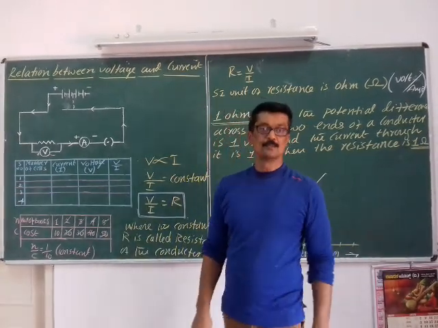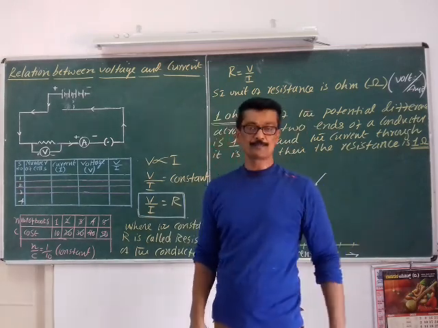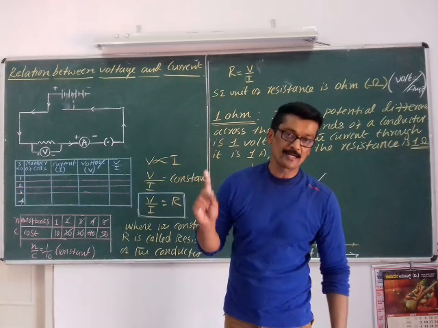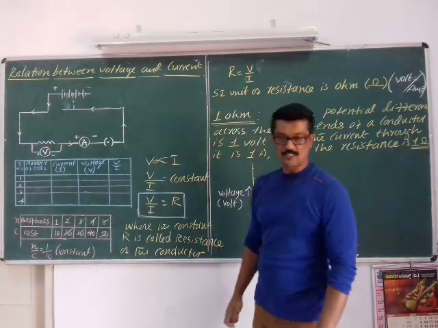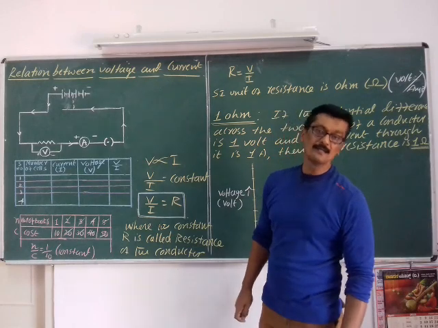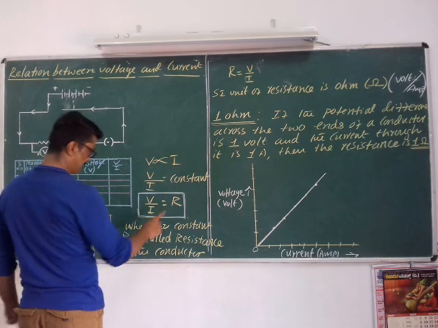I repeat, Ohm's law states at constant temperature, current flowing through a conductor is directly proportional to the potential difference across the conductor. That is, V by I is R.